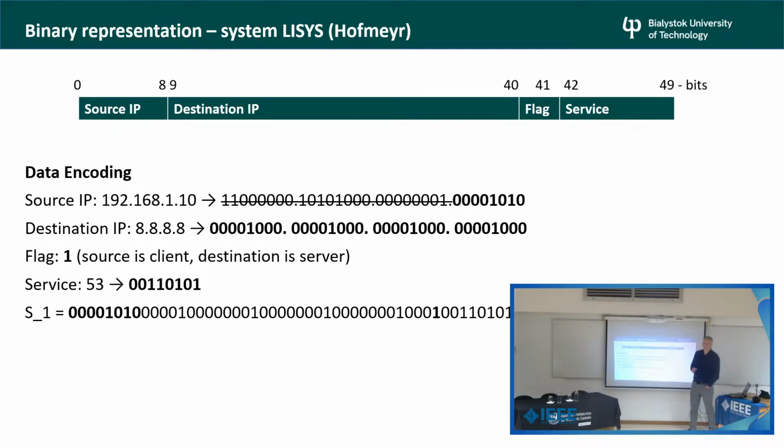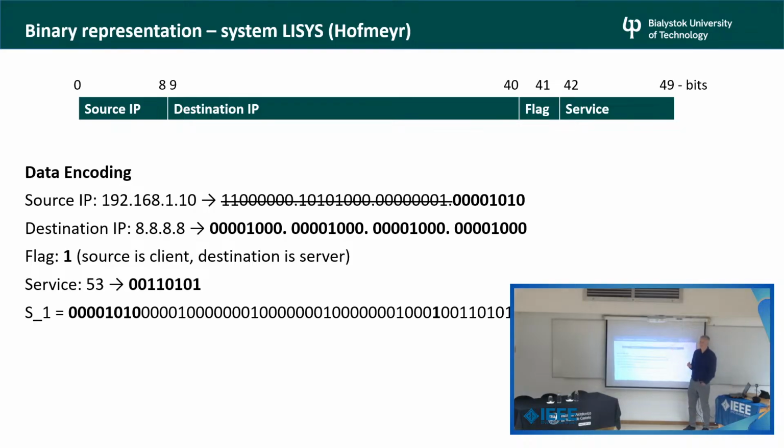Now, this approach was also used for an intrusion detection system. It was proposed by Hofmeyr, the system called LISYS, and as you can see, it's a very simple system, because here we can use only strings with a length of 49 bits, very short binary strings.